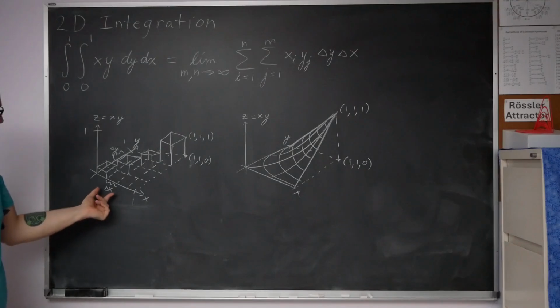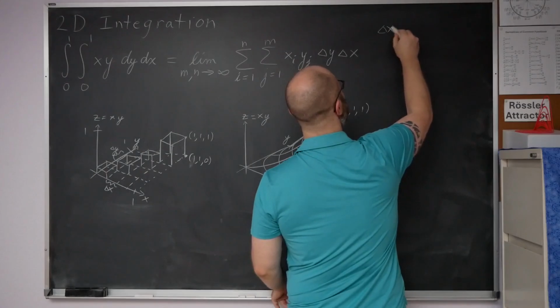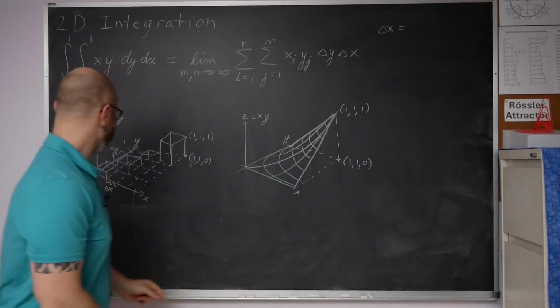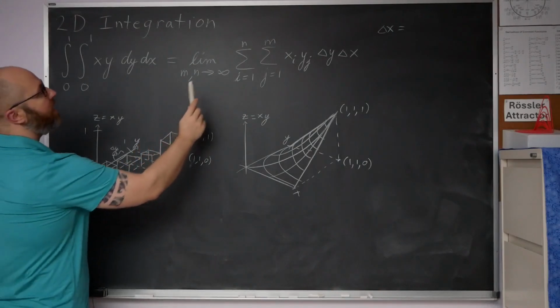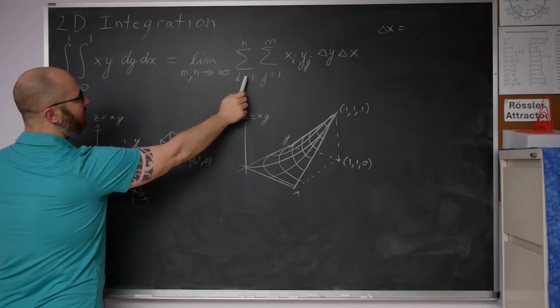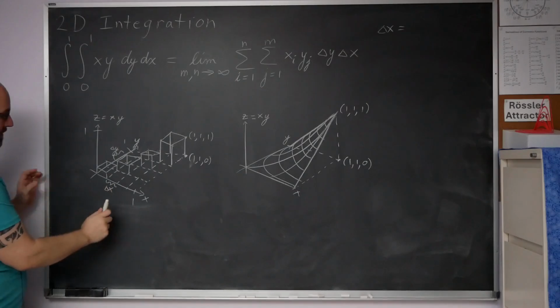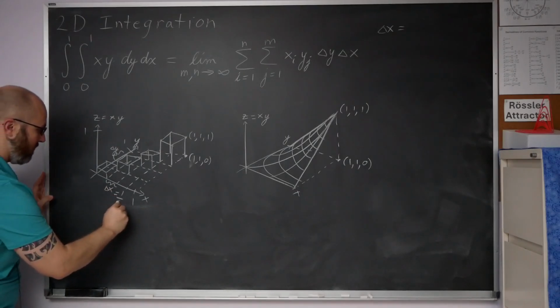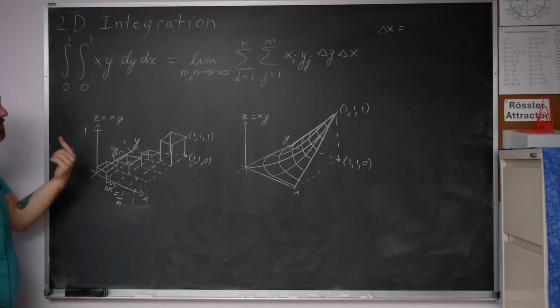All right, so let's start. Delta x is equal to, all right, so I'm going from 0 to 1, and I have n divisions. So each of these lengths is 1 over n. I have n of these, from 0 to 1.